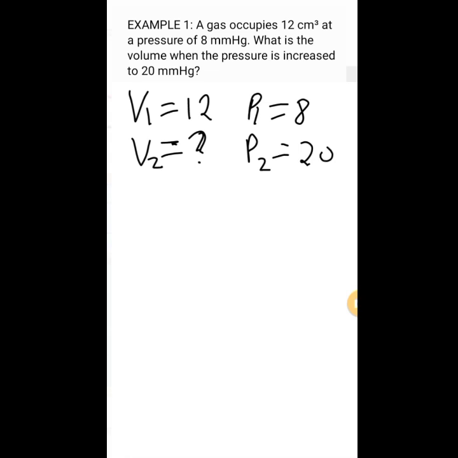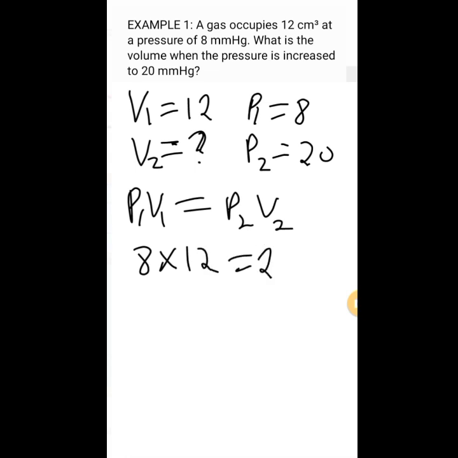Then from Boyle's law, we know that P1 V1 equal to P2 V2. Our P1 from the question is 8 millimeter height of mercury multiplied by V1, which is 12 cm cube, equal to P2, which is 20, multiplied by V2, which is the unknown parameter.